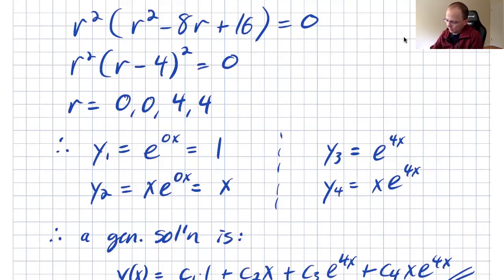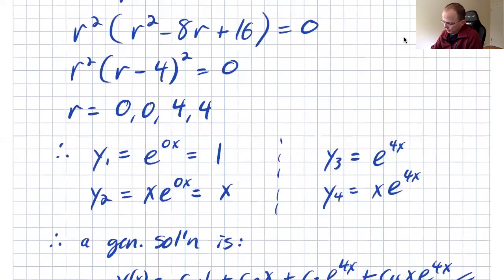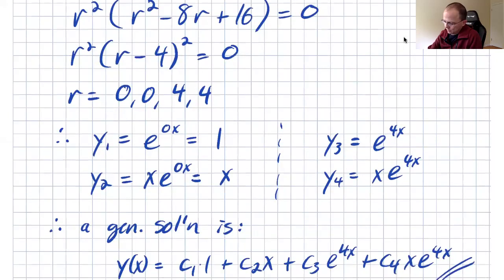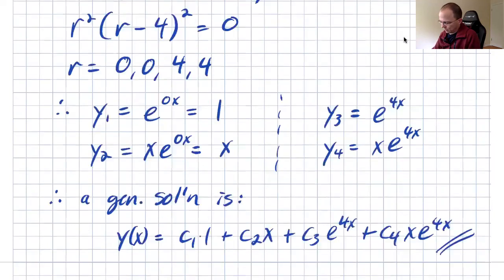So if there had been another root, for example, 0, 0, 4, 4, 4, then we would have had a y5 that was x squared e to the 4x, for example. So just to make that clear. Okay, so I'm going to erase that because that's not part of the actual solution.